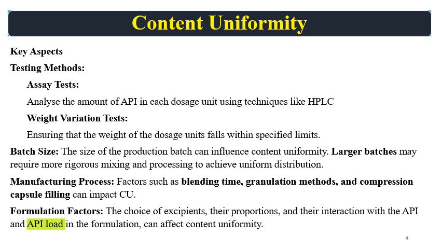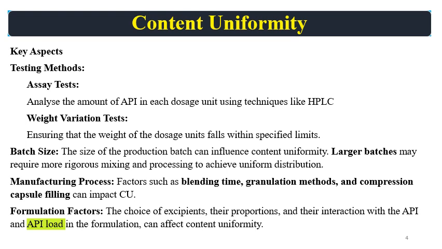Then formulation factors. The composition of the formulation, excipients, their levels or concentration or proportions or interaction with the API and manufacturing process has great impact onto content uniformity. Percentage of API in the formulation has a very great role in the content uniformity.